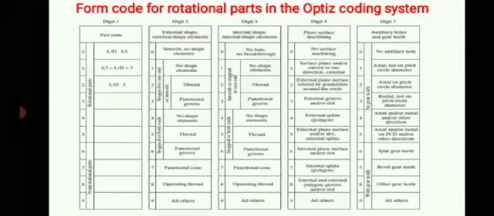This is the form code for rotational parts in the OPTIS coding system. See the tabulation. The tabulation is divided into 5 columns: the first column is digit 1, the second column digit 2, the third column digit 3, the fourth column digit 4, and the fifth column digit 5.